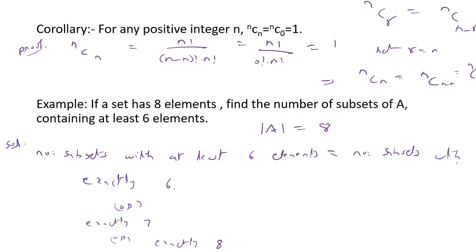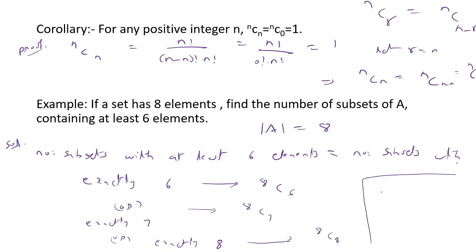Now the number of subsets of A containing 6 elements is going to be 8 choose 6. The number of subsets of A containing 7 elements is going to be 8 choose 7. The number of subsets of A containing 8 elements is going to be 8 choose 8.